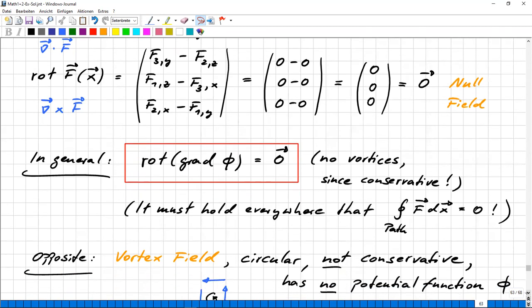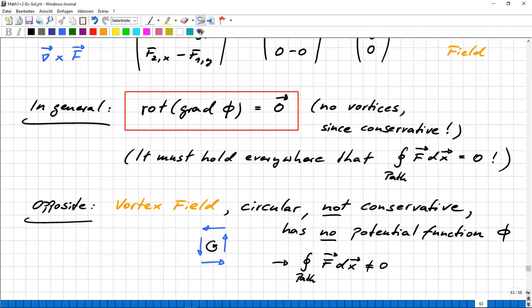The opposite, given in words, is called a vortex field, a pure vortex field which has no divergence, but its rotation is non-zero, and if its divergence at the same time is zero, you would say it's a pure vortex field. There are also mixed cases. That's important to know, and we will see an example in the next exercise.